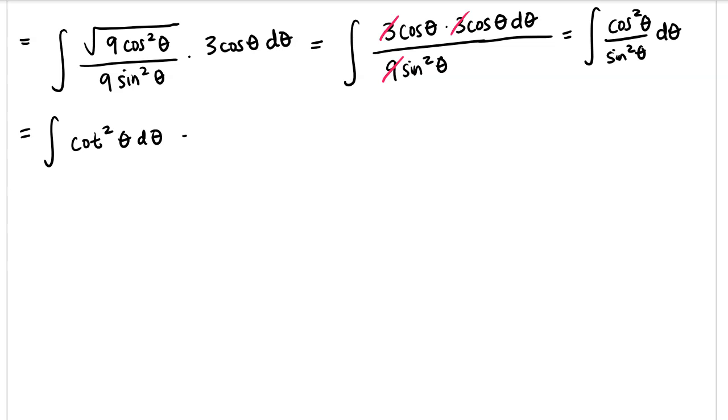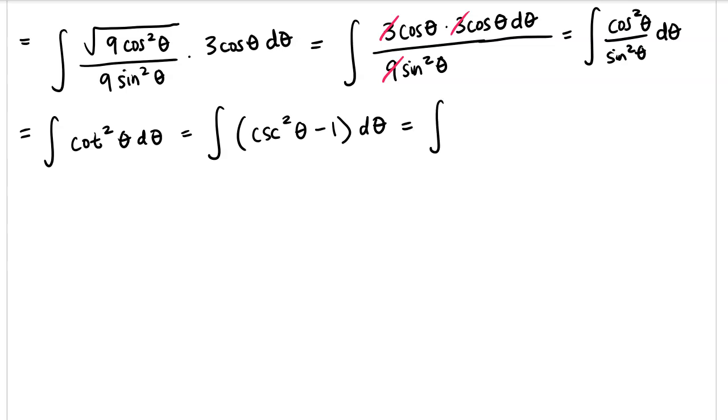So we want to rewrite this using one of the trig identities that we know. We derived one of the Pythagorean identities, and from it cotangent squared theta is the same thing as cosecant squared theta minus 1. The reason we rewrite it like that is cosecant squared has a really nice antiderivative.